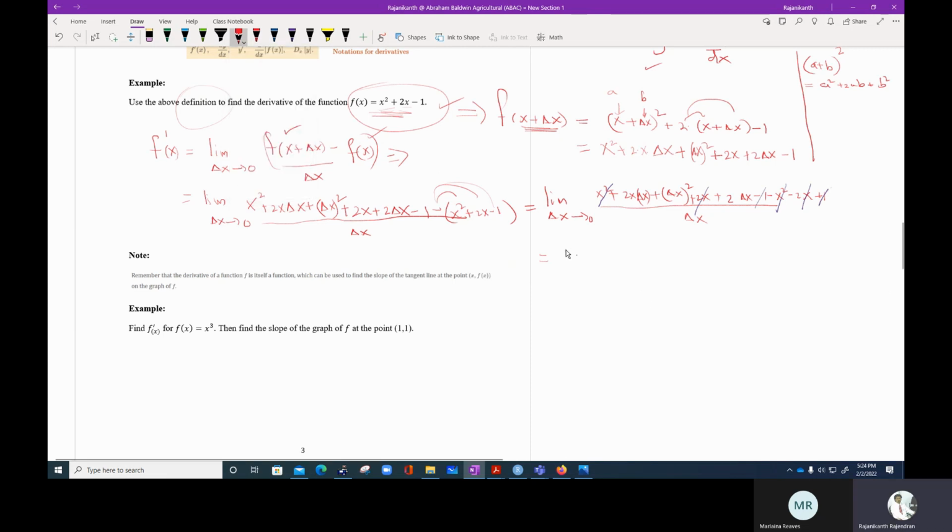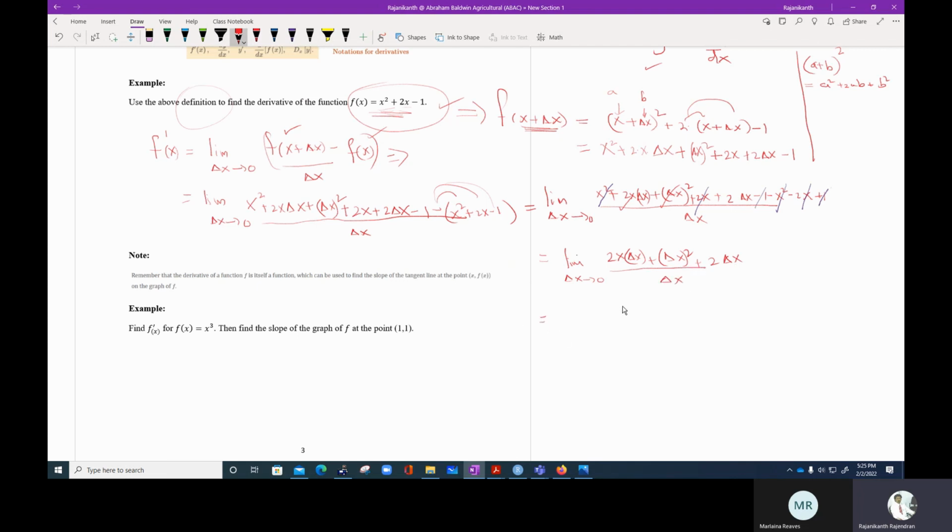The remaining terms are, under the limit as delta x goes to 0, 2x delta x, plus delta x squared, plus 2 times delta x. These are the three terms left over after simplifying, all over the delta x in the denominator.